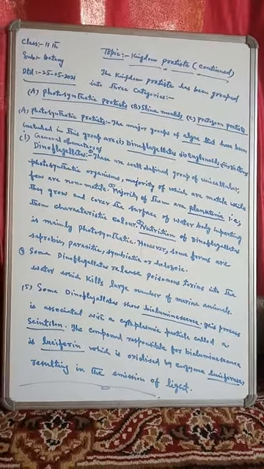Now the third general character of these dinoflagellates is the nutrition. Regarding the nutrition of these dinoflagellates, it is mainly photosynthetic. However, some forms of these dinoflagellates are saprobic, parasitic, symbiotic, or holozoic.